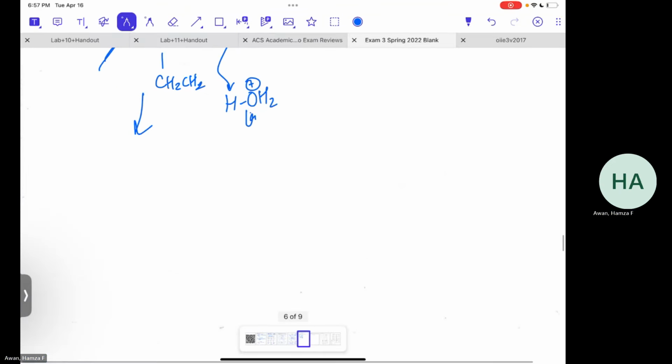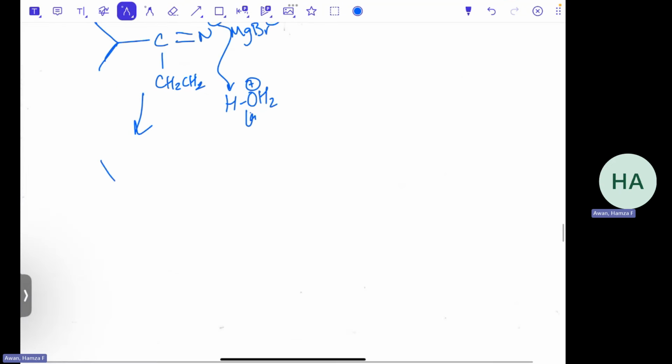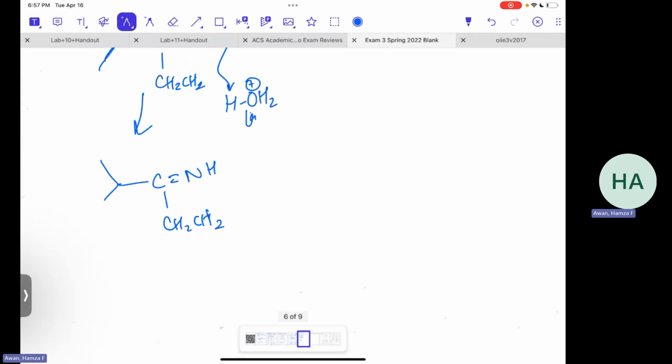So our next step is going to be C double bond N bonded to an H, and NH bonded to CH2CH2. So that's our next step. It's also going to be our third step, actually.